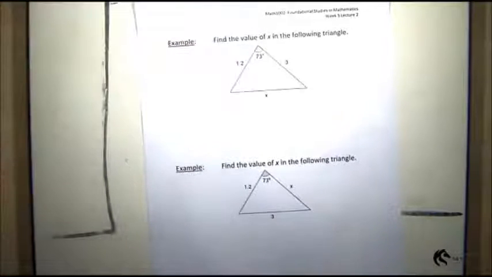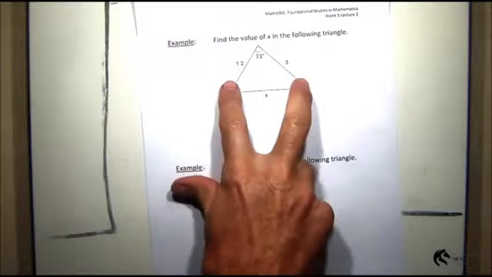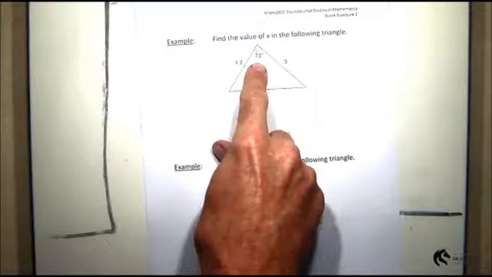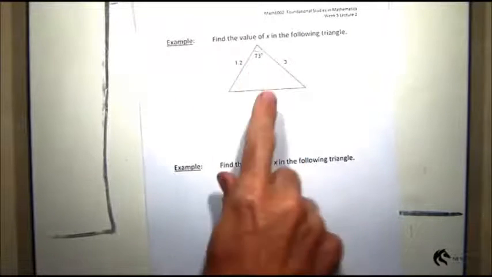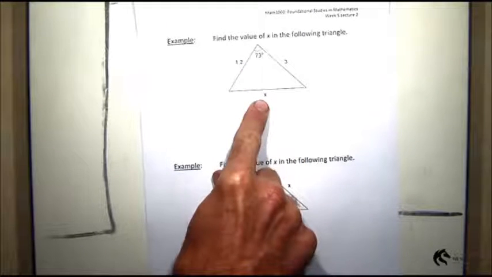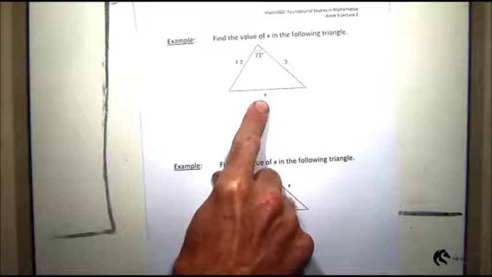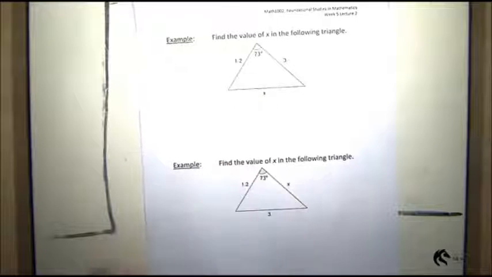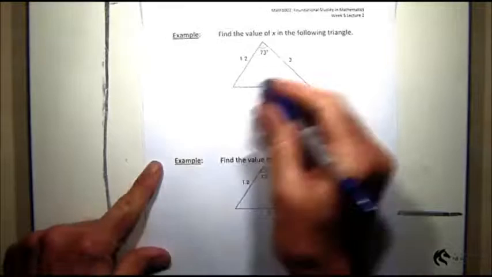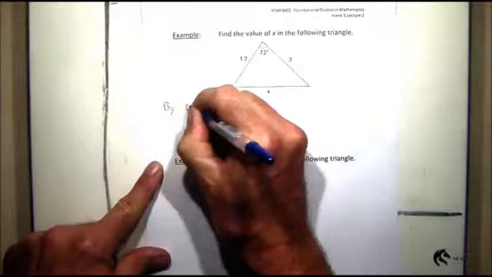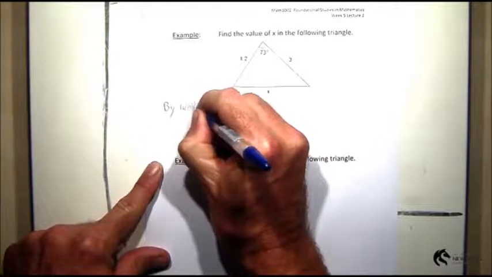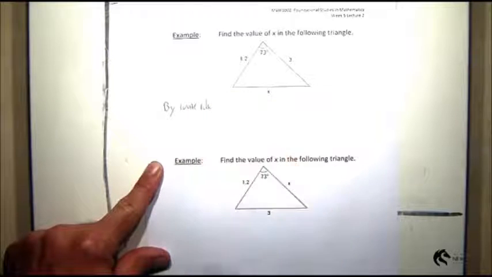All right, here we go. Here's a triangle. We've got two sides and the included angle, so therefore we should be able to work out the third side. So, when you see two sides and the included angle, you will immediately think cosine rule.